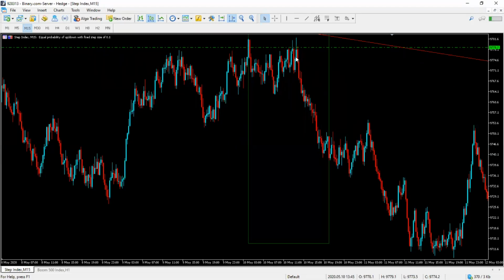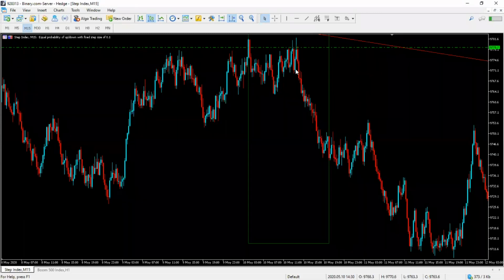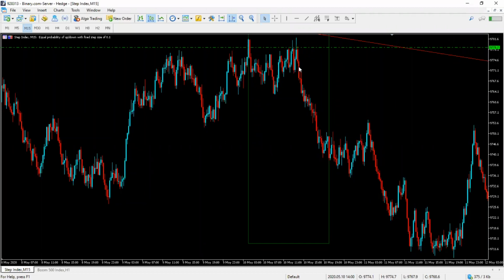This is what we are looking for to execute our trade, meaning that I'm going to enter my sell immediately I see the next candle turning red, which is this candle. This candle is the one I'm going to follow to execute my trade.